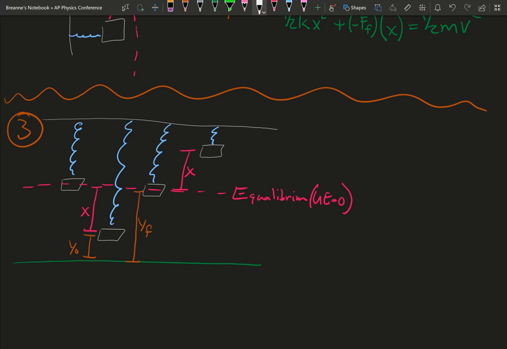We still have a mass and we still have a spring constant. This would be our initial mechanical energy, and this is our final mechanical energy.